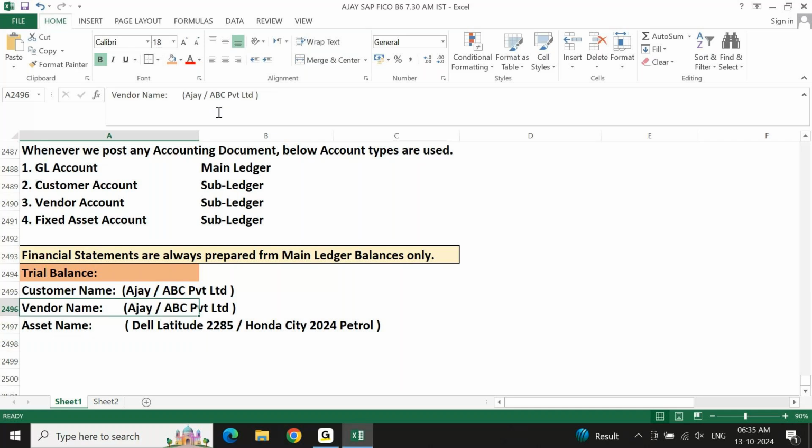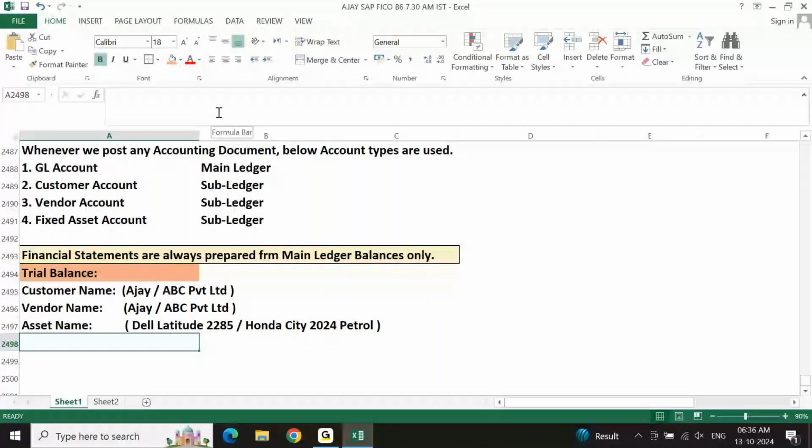Now, when you're talking about a customer, you're talking about either name of a person or name of an organization. Similarly, when you're talking about a vendor, again the name of a person or name of an organization. When you're talking about any asset, you're talking about any physical asset which will be giving you benefit for more than 1 year. I am talking about two things here. One is your laptop, another one is your car. We don't write this in any TB. We don't write this in any balance sheet. Reason, these are subledger accounts. The only reason is these are subledger accounts.